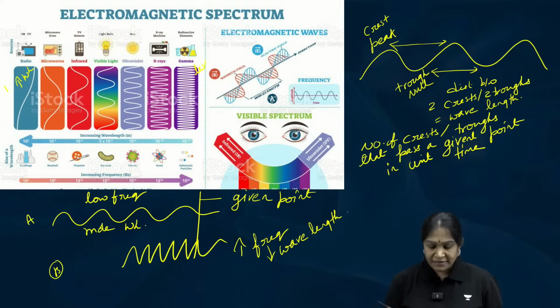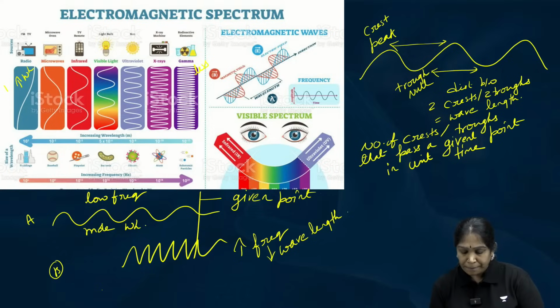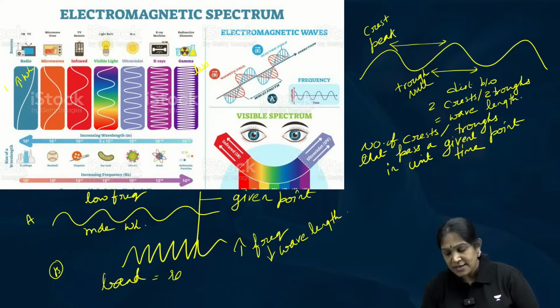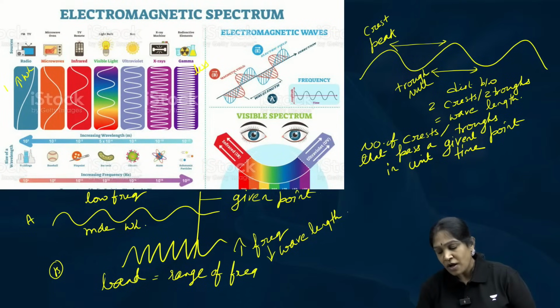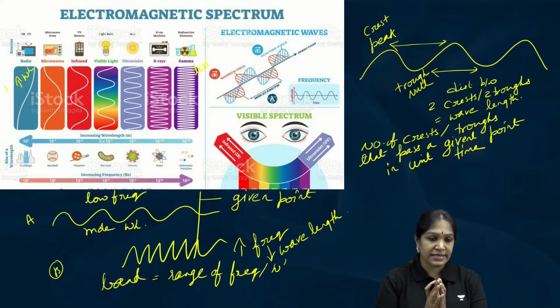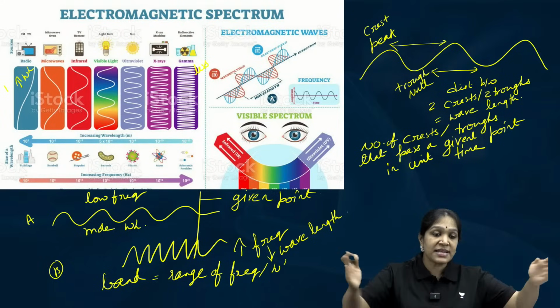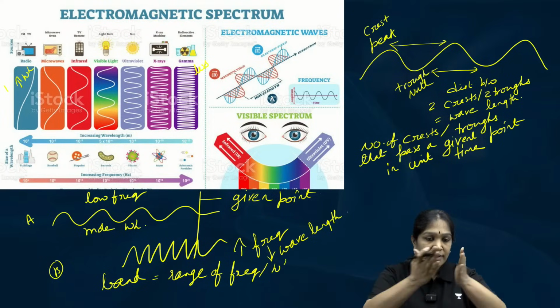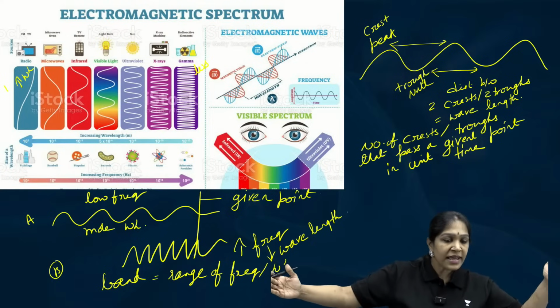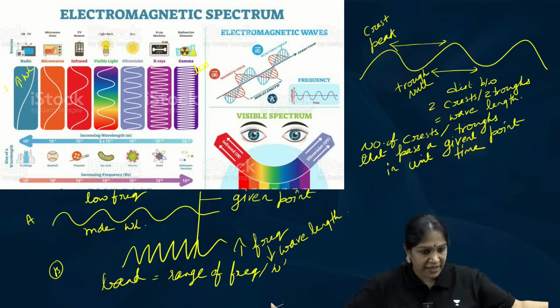Then what do you mean by the word band? Band is also a range of frequencies or wavelengths, but this is like one word in a sentence, one part of it. Spectrum is like one complete sentence, more range, very long wavelength to very short wavelength.